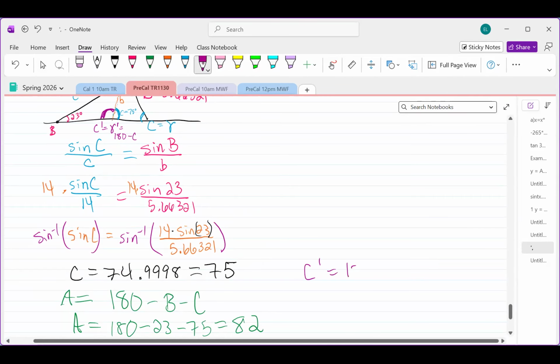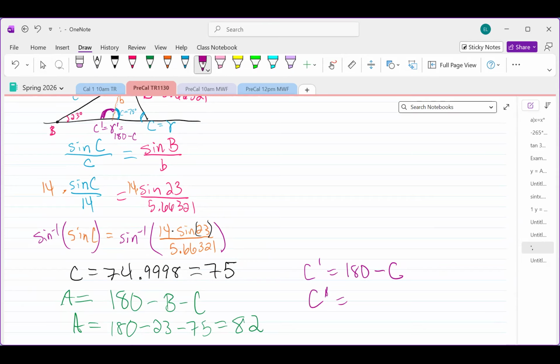C prime is 180 minus C. That is always true when we're dealing with a secondary triangle. Whatever angle we first found, the prime angle is always 180 minus that. So that gives us 105 for our C prime.